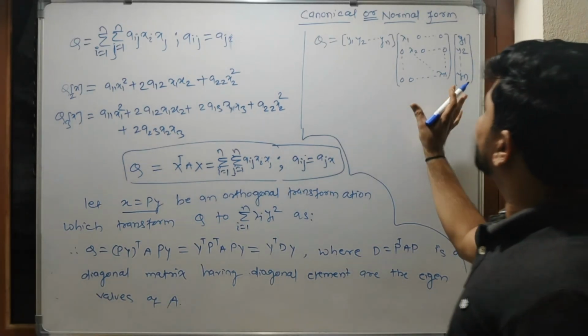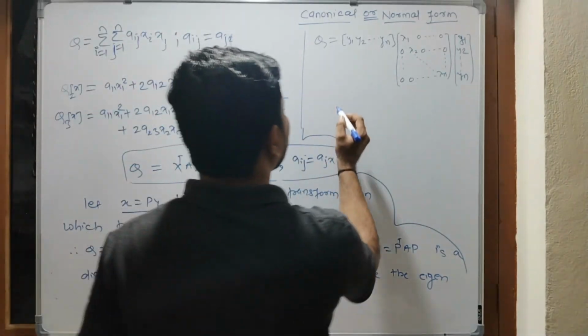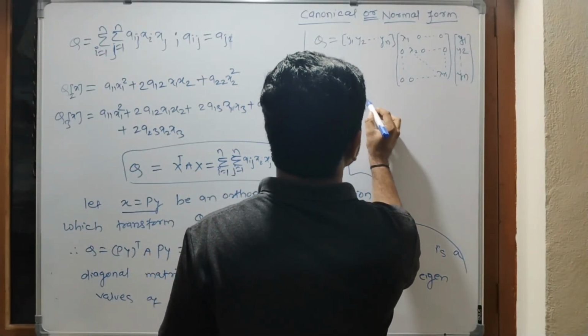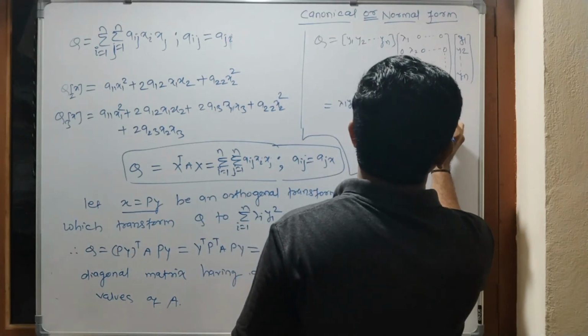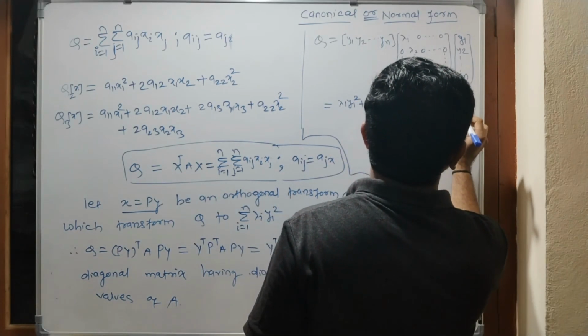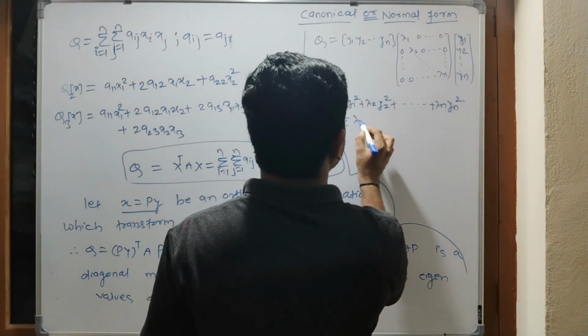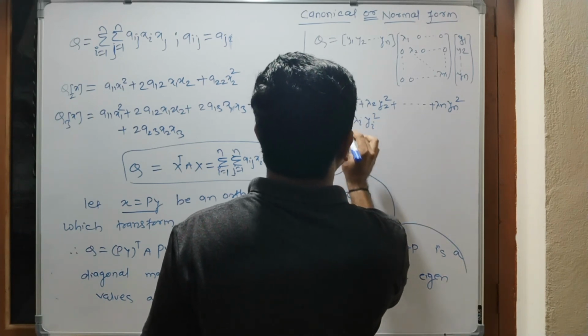So here you can solve this matrix multiplication. You will get lambda 1 y1 square plus lambda 2 y2 square plus up to lambda n yn square, which is the same as summation lambda i yi square, i running from 1 to n.